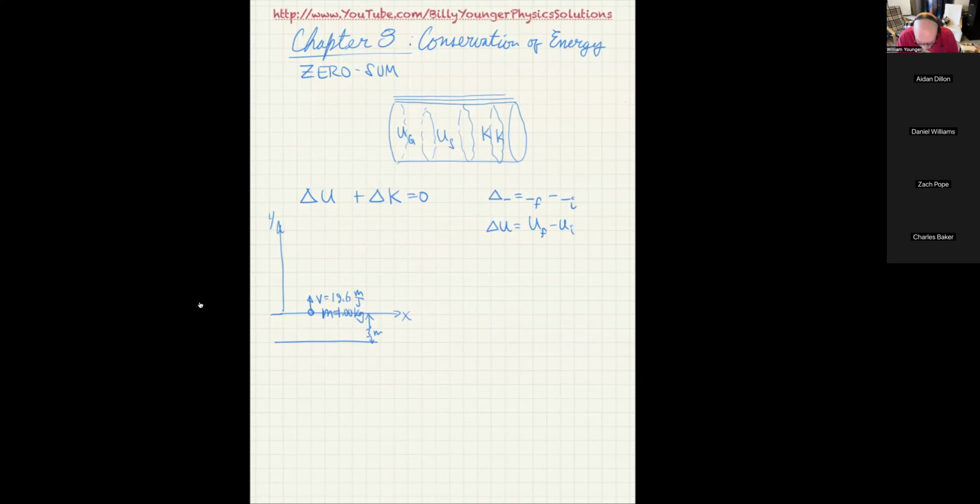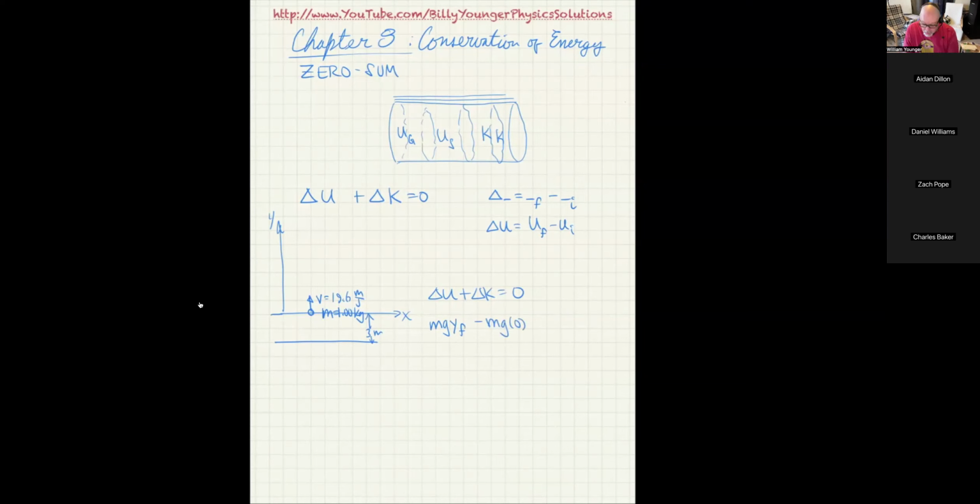And we can say that 3 meters is 3.00 if we want it. Now, what we know is that delta U plus delta K is equal to zero. So we might want to find out, how high does it go? All we have to do is say U final, which would be m times g times y final, minus m times g times zero.